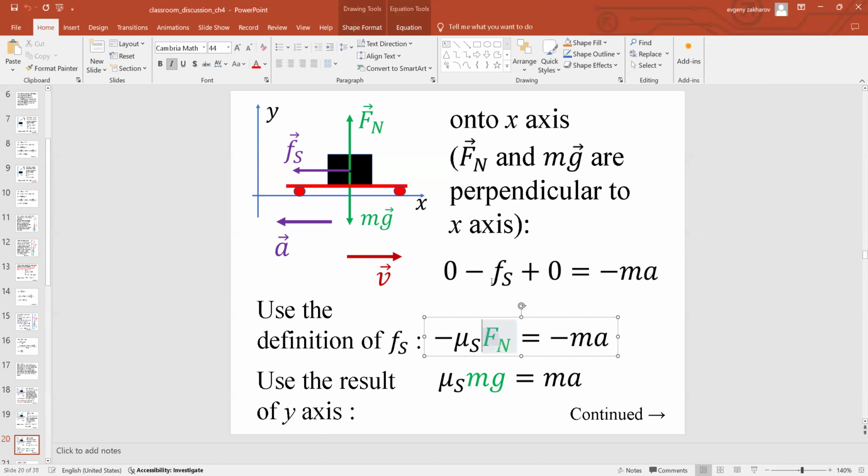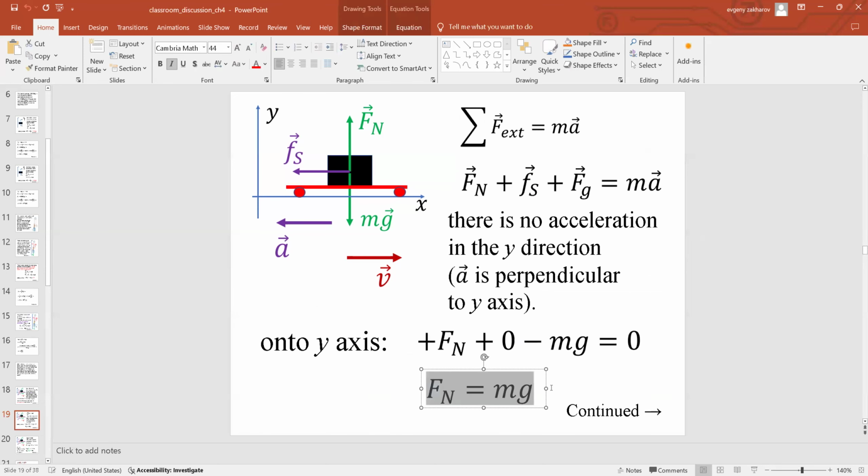Solve for friction force. Friction is mu times n, mu times Fn. Negative and negative, you can multiply both sides by -1. Replace the normal force with mg because we just figured out that y-axis showed us that normal force is exactly the same as gravity.